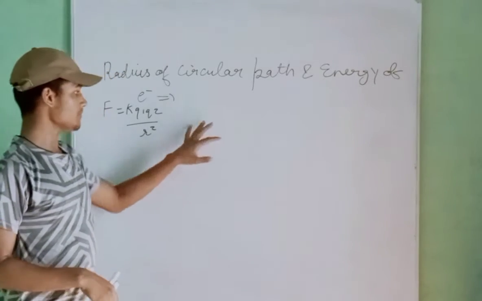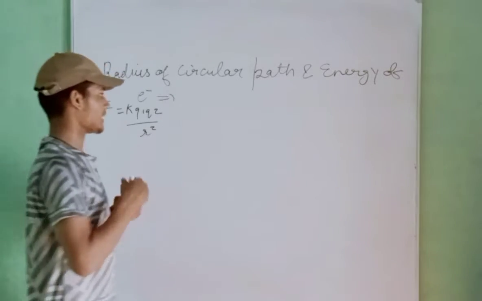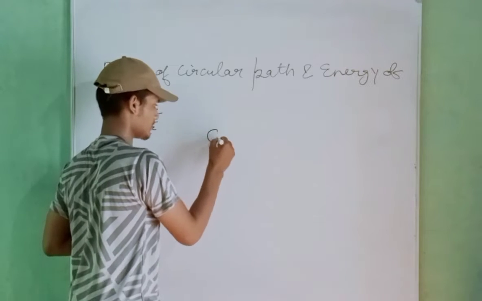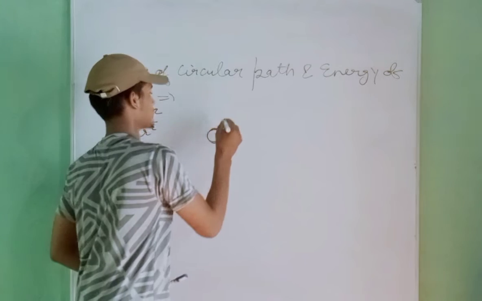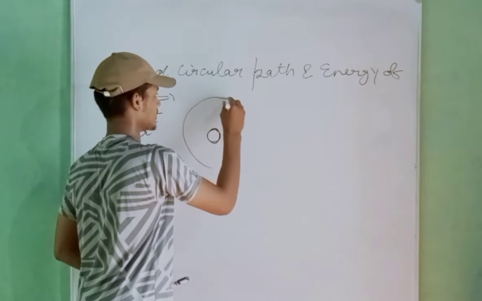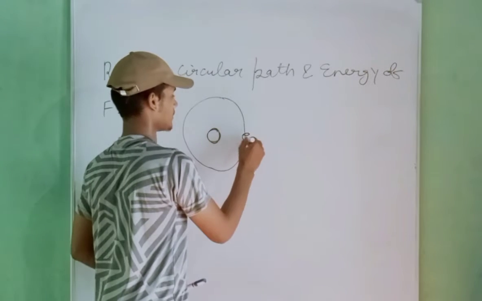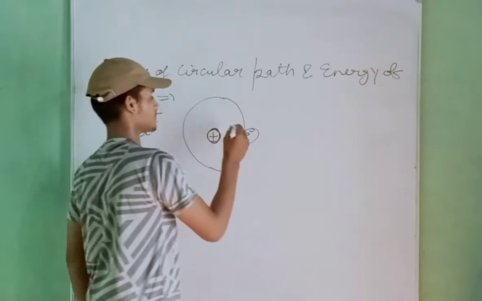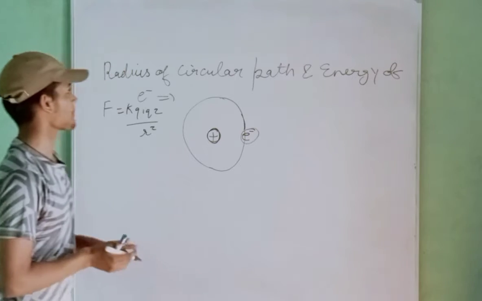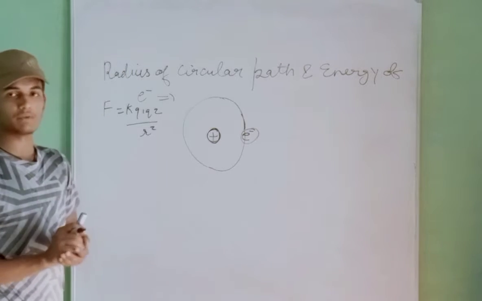So for Rutherford we will draw the nucleus, because we are deriving the radius formula, so we take the radius as r. That is the circular path on which electrons revolve around the positive nucleus. So here we derive the radius of the circular path.